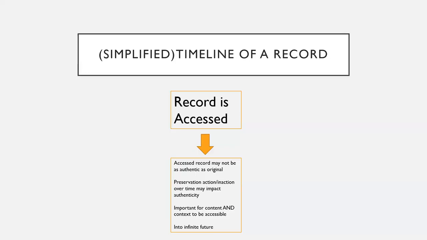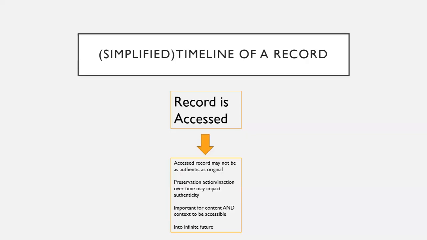So if the record has been migrated to a different format, if it has been copied onto a different type of film and so on, it's important that researchers have that contextual understanding and an awareness that what they're looking at is not the record in its most authentic or original form, and here are the actions that this record has undergone.